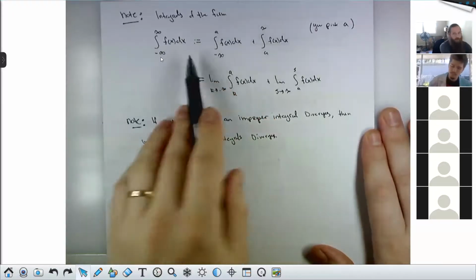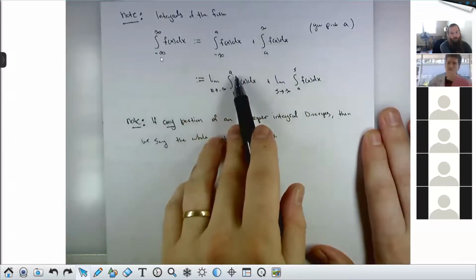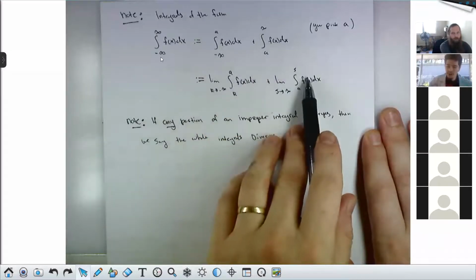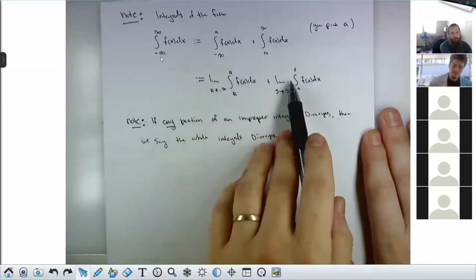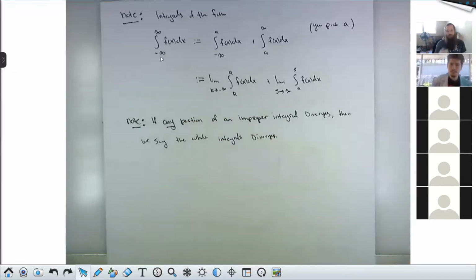So like if you split an integral like this up, as you must, and this first guy is finite, but the second guy is infinite, so this piece converges, this piece diverges, then we would say the whole thing diverges. Doesn't matter that part of it is finite. If any part of it is infinite, the whole thing we say is divergent.